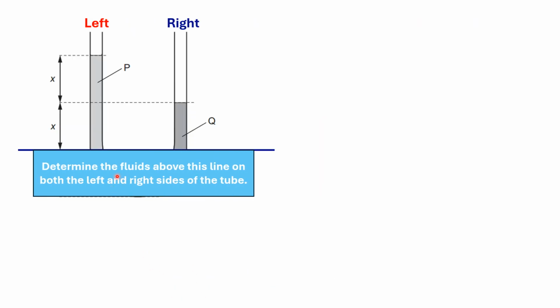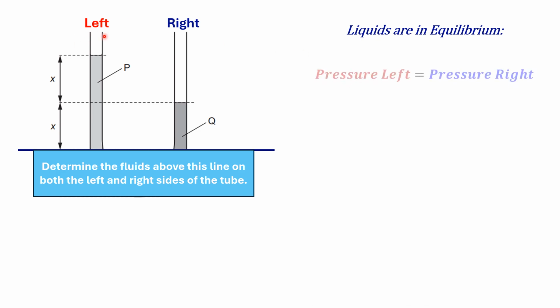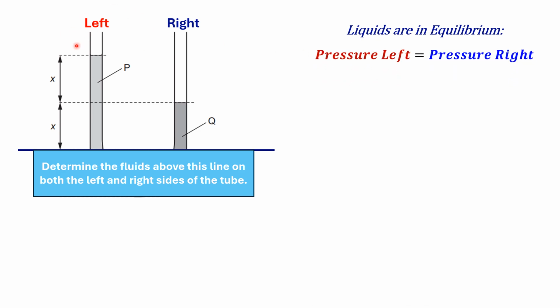First, let's determine the fluids above this line on both the left and right sides of the tube. Both liquids are in equilibrium, which means the pressure on the left side of the tube is equal to the pressure on the right side of the tube.